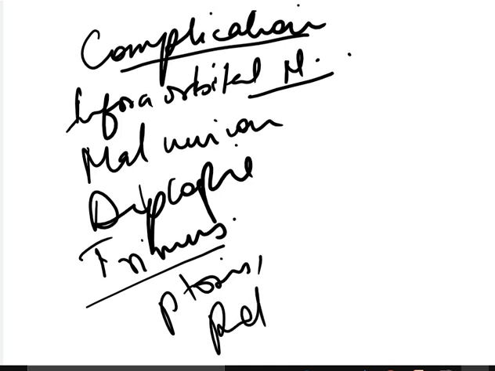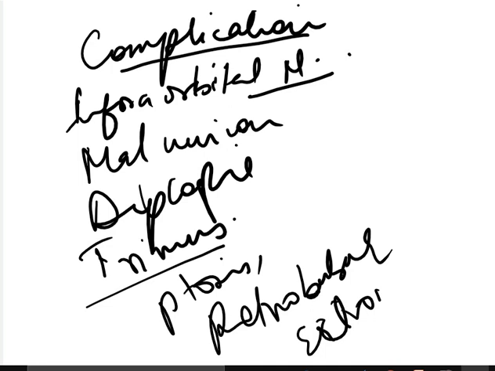Then retrobulbar hemorrhage and ectropion, which is the outward bulge of the eye.